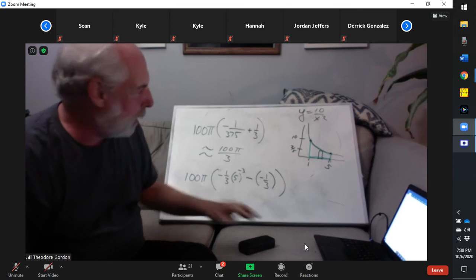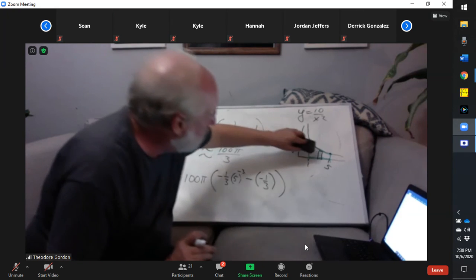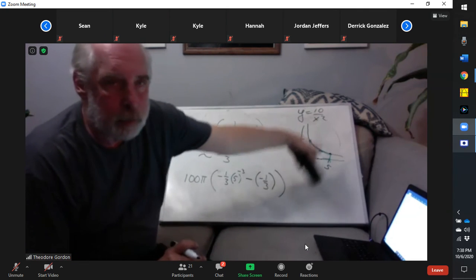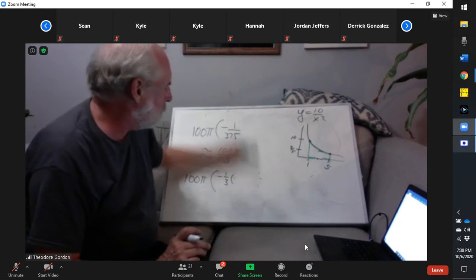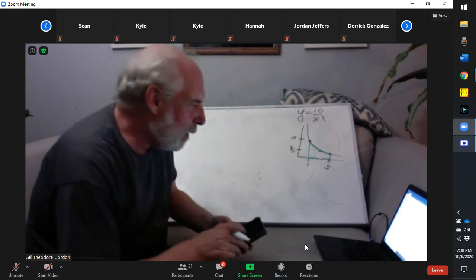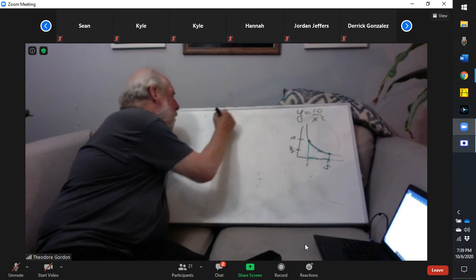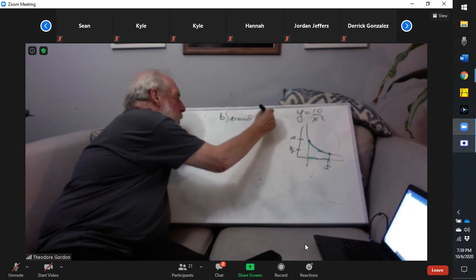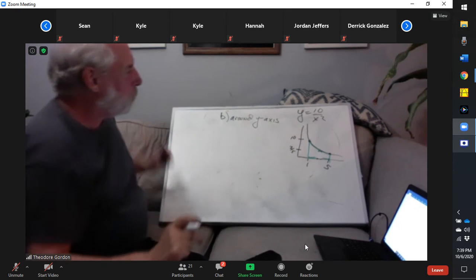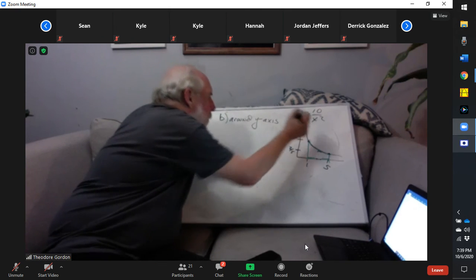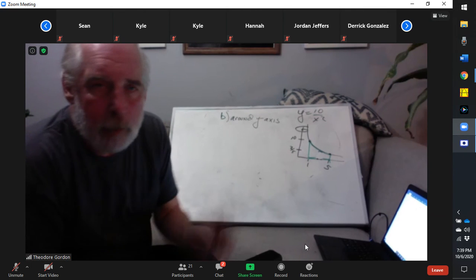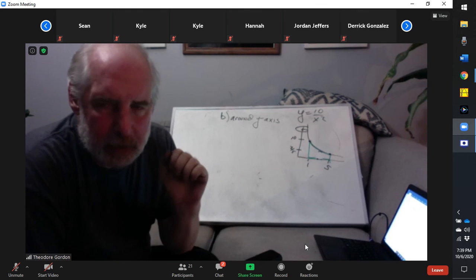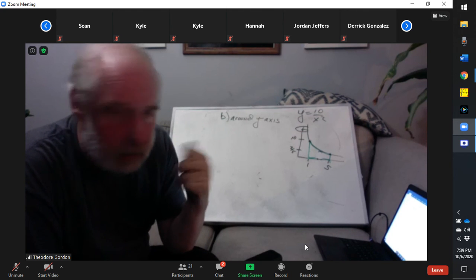All right, part B. Same drawing, same parameters, all the same information. Part B is we're going around the y-axis. Of the 3 methods, disk, washer, shell, which ones can we use, which ones can't we use, in case I were to ask you a question like that, which I probably will.